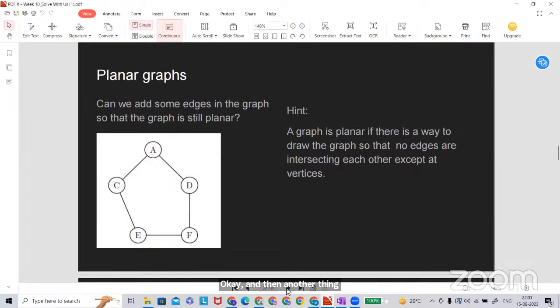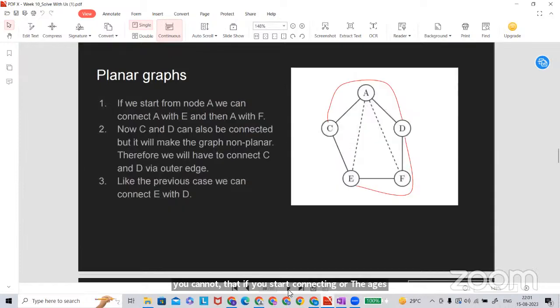planar graph. Planar graph means what? You cannot, if you start connecting, the edges cannot cross. I can show you with the example. Here, if you connect C and D, if you start connecting C and D from the inside, then what will happen?